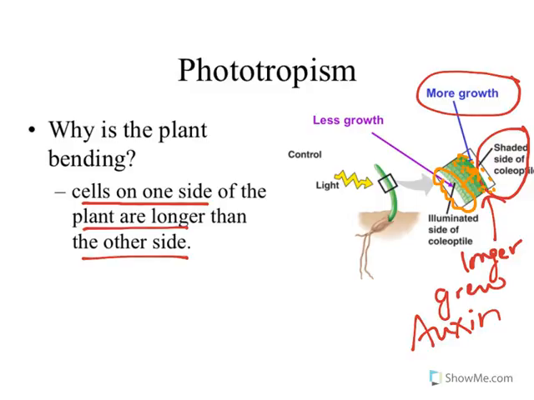And that's why we see that side be longer, and you see the actual plant bend towards the light. The reason this is called phototropism is because the plant is growing or moving in response to, or towards, the light.